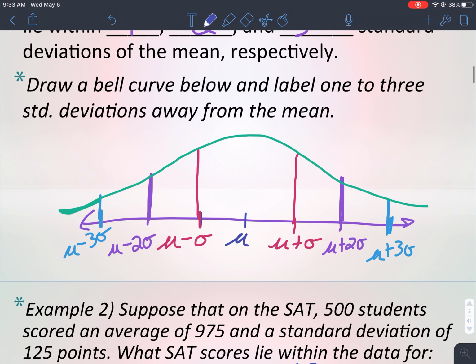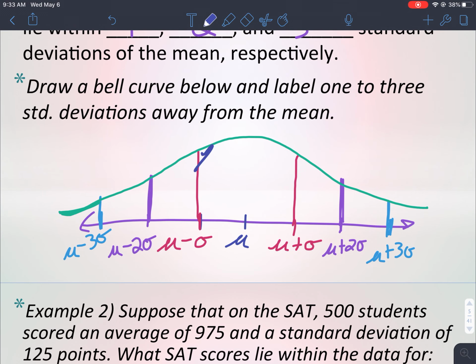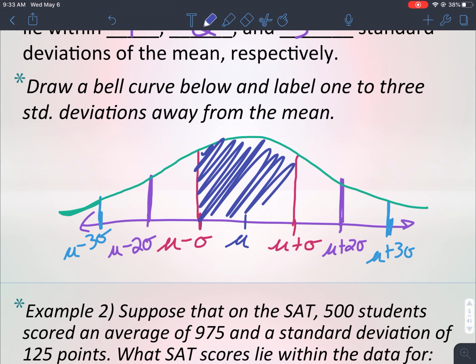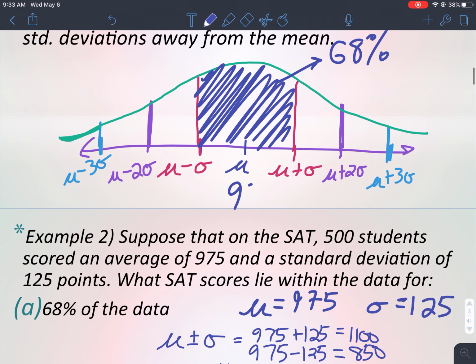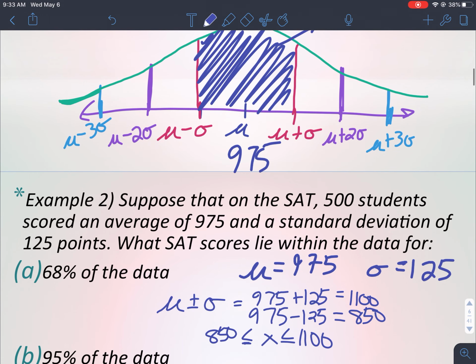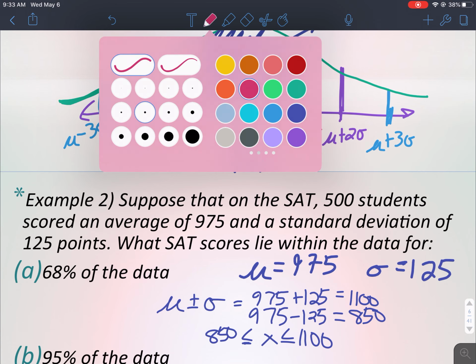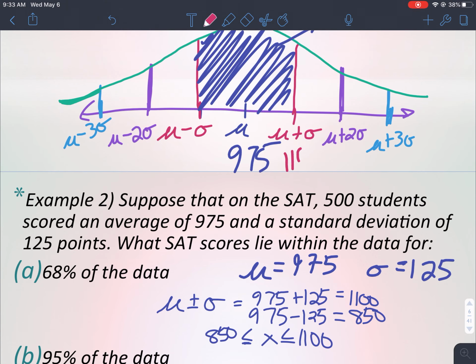Graphically, it would look like this. 68% of the data. The mean would be 975. This score in red would be 1100, and below would be 850.